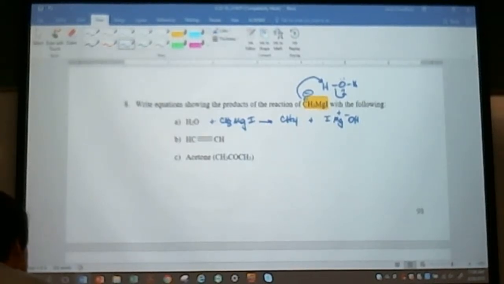So write equations for what happens when the Grignard of methyl iodide attacks acetylene, and what happens when it attacks acetone. Write the products of those two.